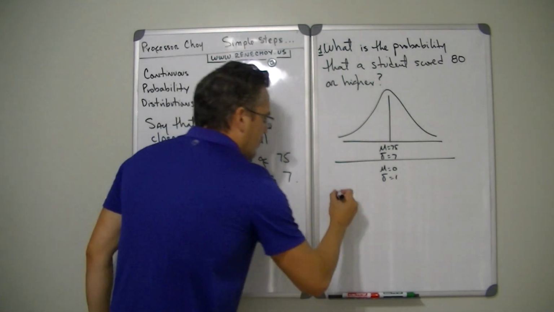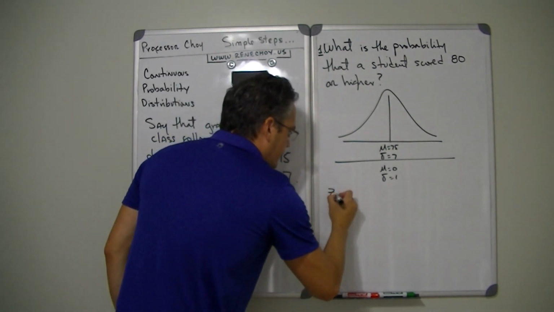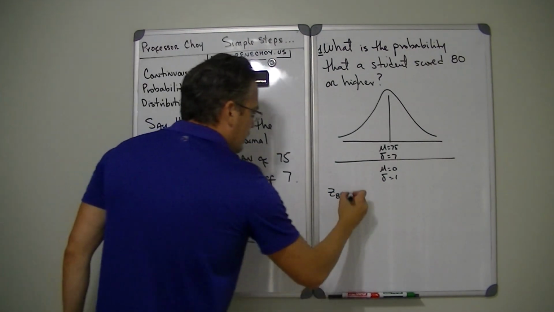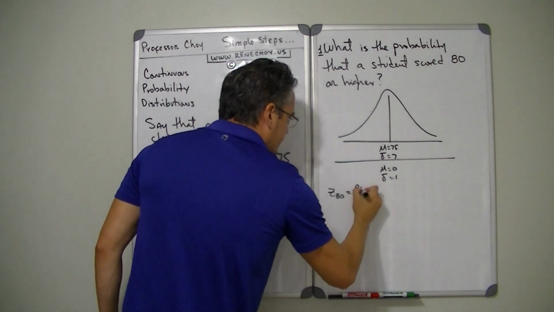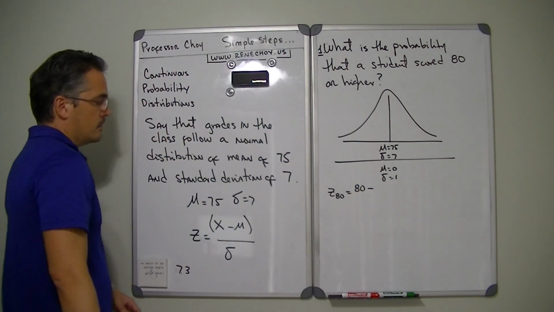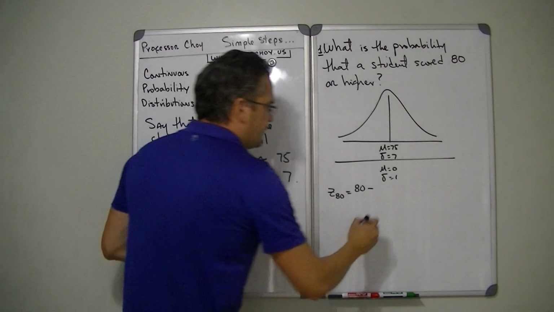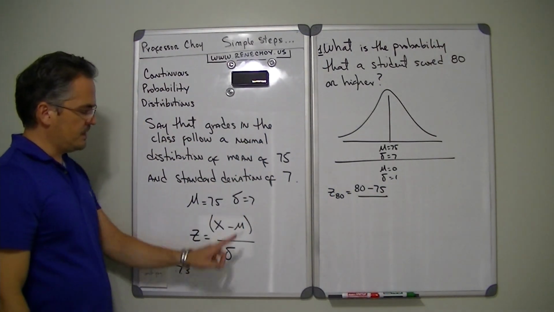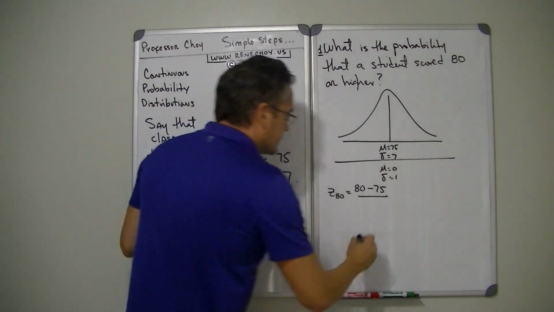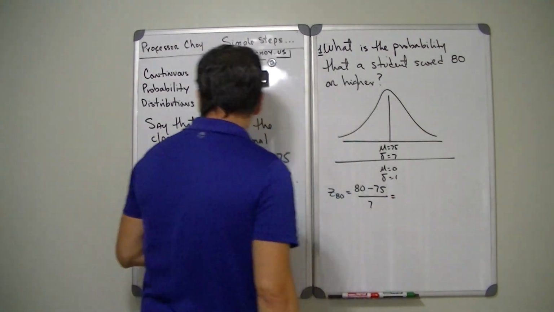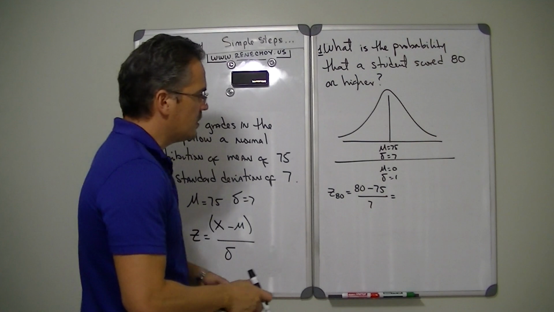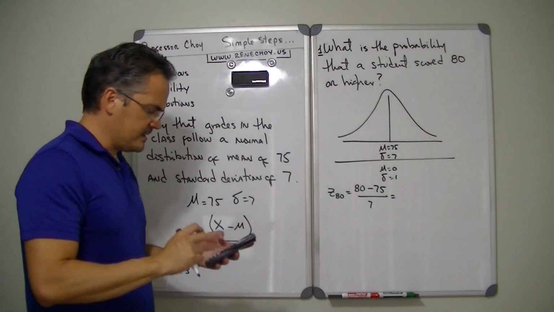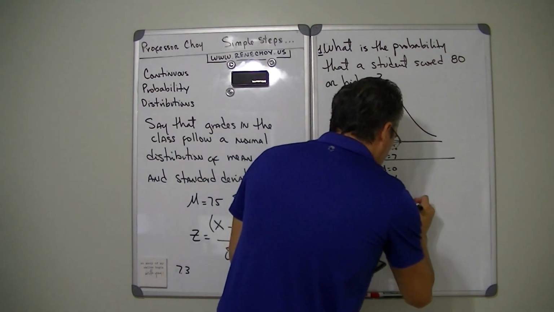So, in order to calculate the z of 80, that's going to be equal to 80 minus mu, which is 75, divided by sigma, which is 7. So that's 80 minus 75 divided by 7. So 5 divided by 7. And that gives us 0.71.